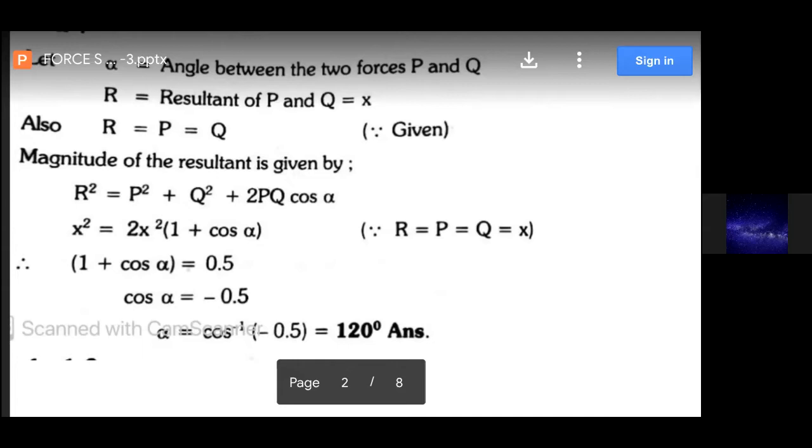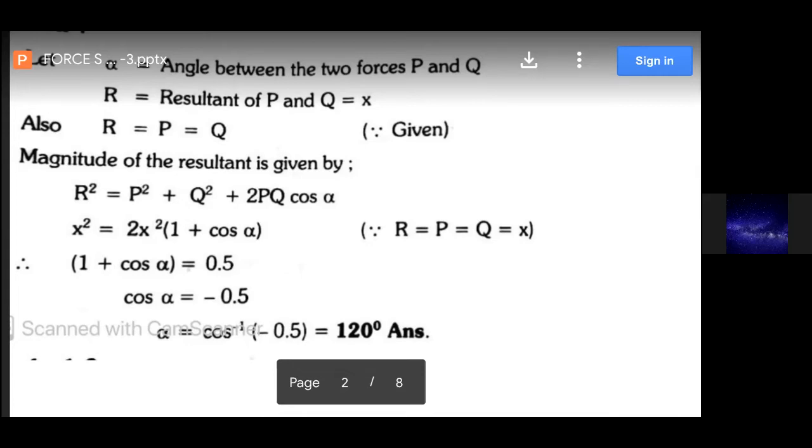Instead of R, P, Q, we can substitute the constant X. So X square is equal to X square plus X square plus 2 into X into X cos alpha. We get X square is equal to 2X square plus 2X square cos alpha. Here 2X square is the common factor, so we get X square is equal to 2X square into 1 plus cos alpha.